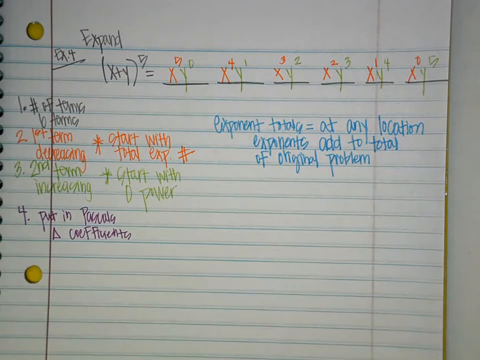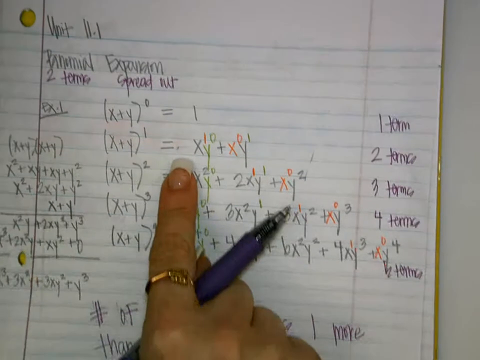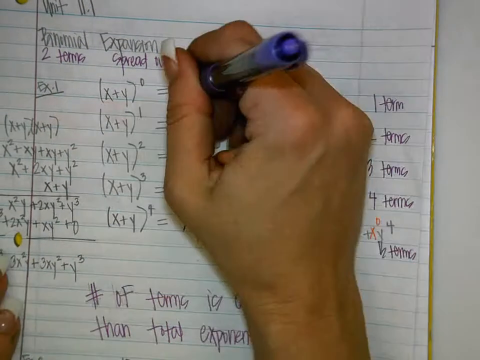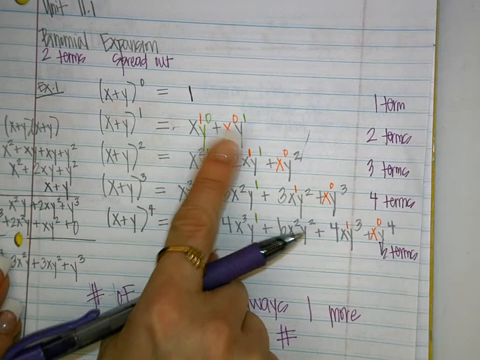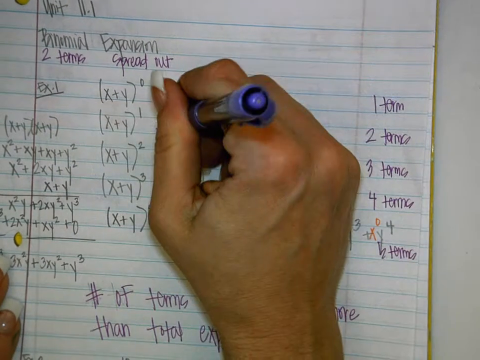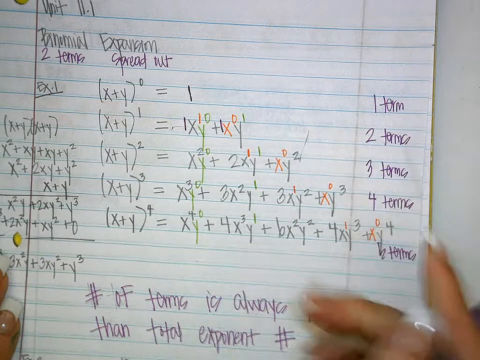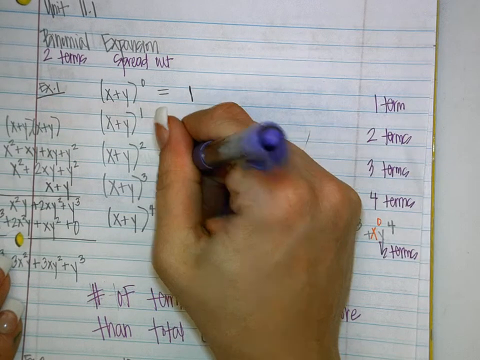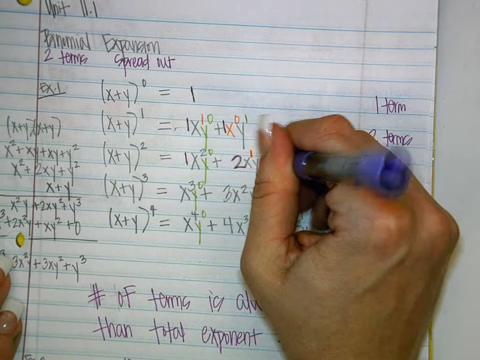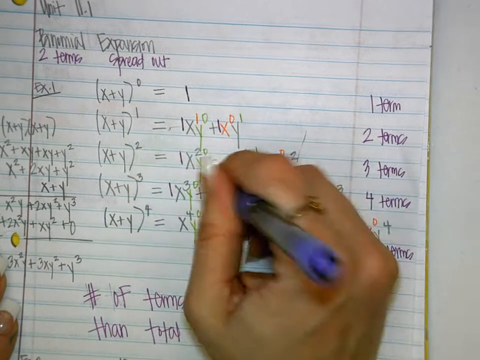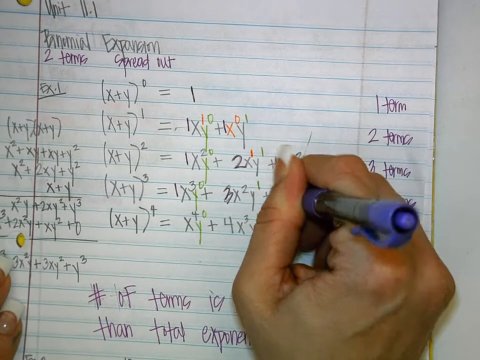Coefficients are the numbers in front of terms. So if you go back and look at these coefficients, this first one was a 1. What are the numbers in front here? 1 and 1. 1, 2, and 1. 1, 3, 3, and 1.